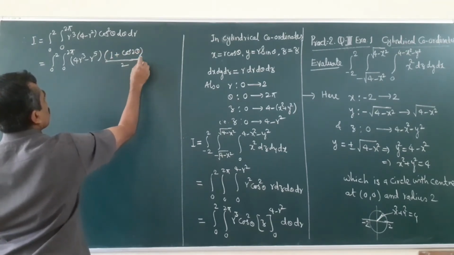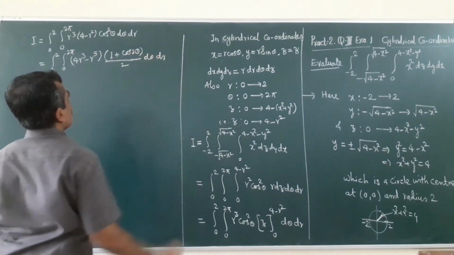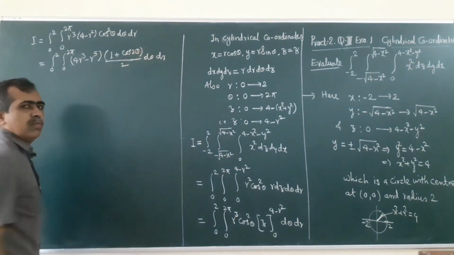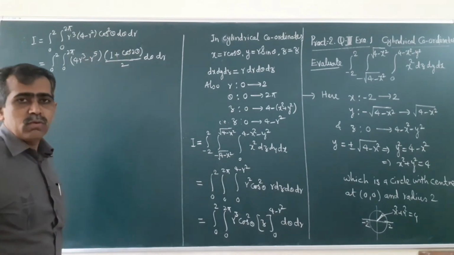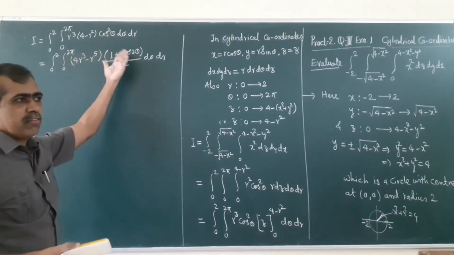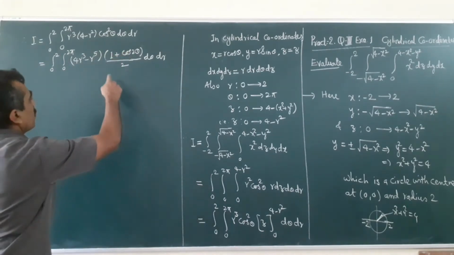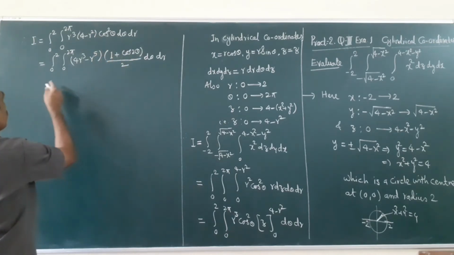Convert cos square theta in terms of cos 2 theta so that it has power 1 and it is easy to evaluate the integral. To evaluate the integral of any power, you have to convert cos square or sin square in terms of 1 plus cos 2 theta. If it had been sin square, it would have been 1 minus. So take this half outside.